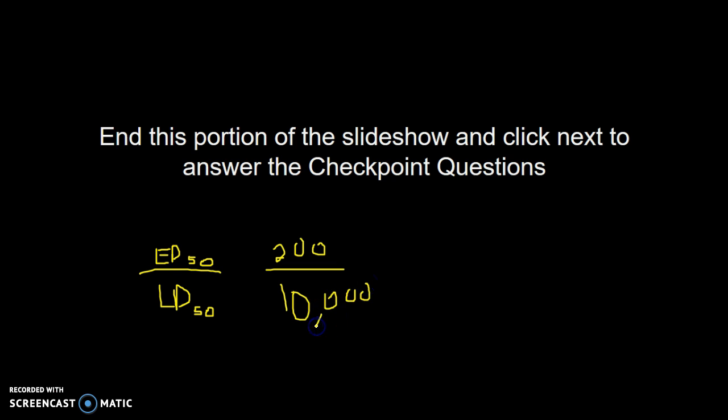I get some ratio from that, and that ratio really is going to be 1/50th, or 2%. If I have a number where these two are closer together, that ratio is going to be higher, and we have to be very careful with the way that we use drugs like that. So that's what the therapeutic index of a drug actually is.